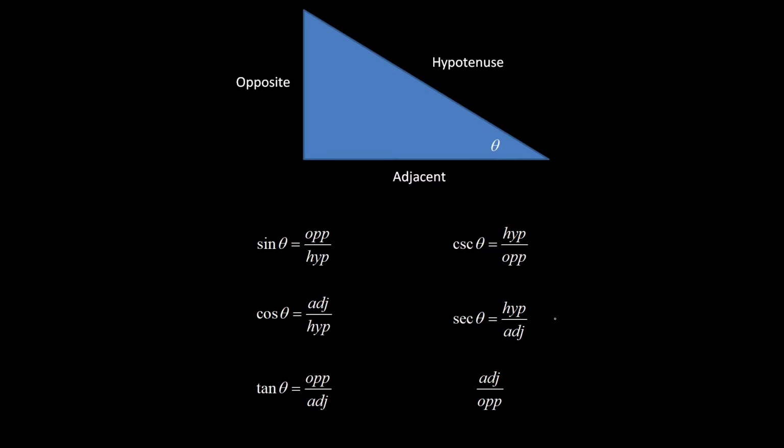This is secant. And this is cotangent. So all 6 of these ratios, because they've become so important over the years, have gotten their own names. And you are expected to memorize these.